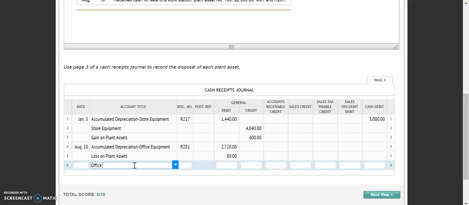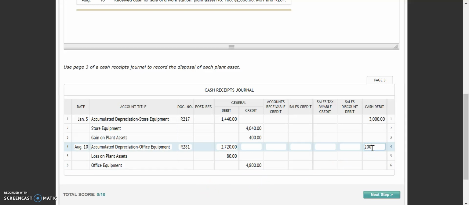And then we have our actual office equipment asset that's going to be credited for the $4,800 total cost. And then the amount of cash that we actually received for that was $2,000. And so when we do our debit, and our debit, those should all add up and equal our credit of $4,800.